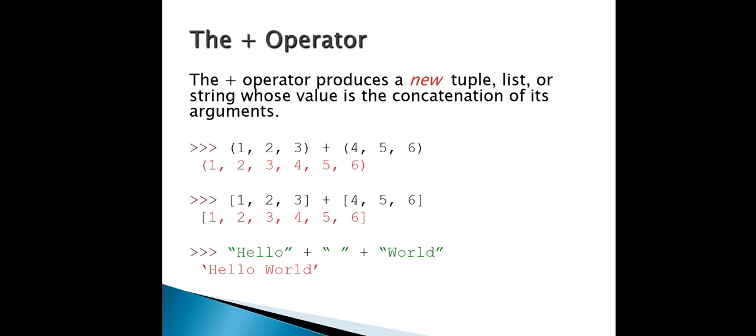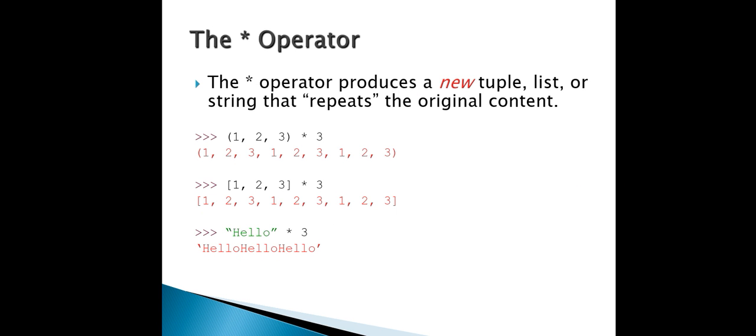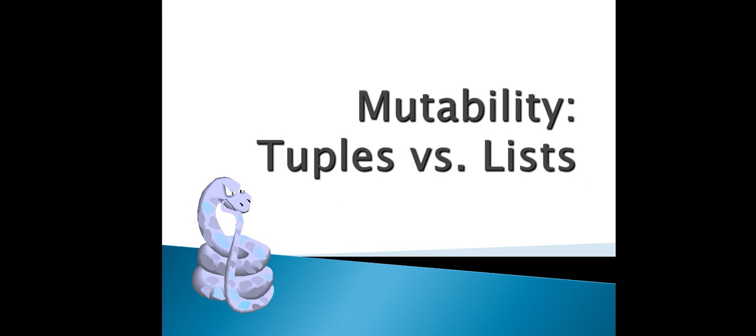The plus operator produces a new tuple, list or string whose value is the concatenation of its arguments. The asterisk operator produces a new tuple.